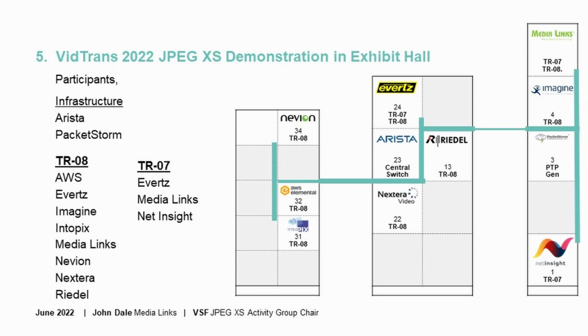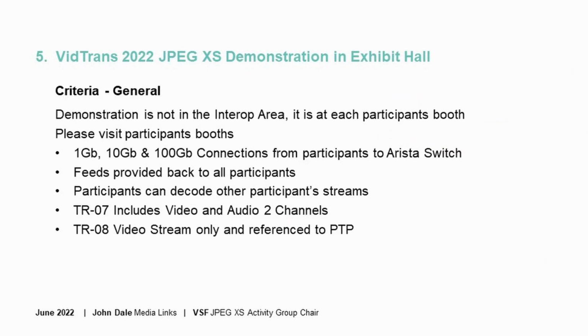They were all connected to a central switch that Arista provided, and a PTP generator was provided, which was fed over to the Arista switch and allowed all of the TR08 participants to use PTP for their streams. We connected participants with 1 gig, 10 gig, and 100 gig. So there was a variety of different connection speeds, which I think was good for the demonstration.